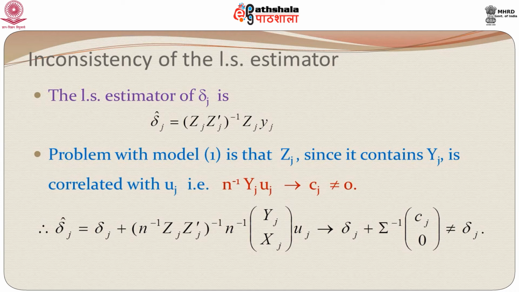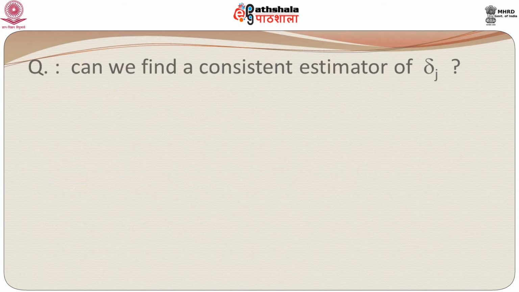That was the problem we had, and that is the reason we had to do the ILS or the 2SLS. So, the usual least square estimator for the simultaneous equation model does not hold. So, the question is, can we find a consistent estimator of delta j? We need to find a matrix zj star which has to have two properties.